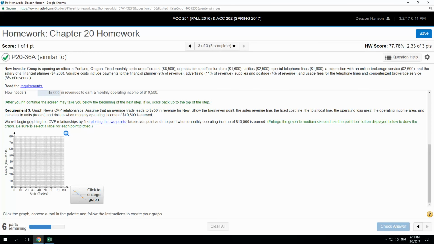We will begin graphing the CVP relationships by first plotting the 2 points, the break-even point and the point where the monthly operating income is 10,500.